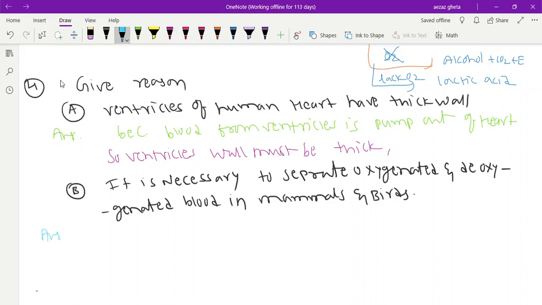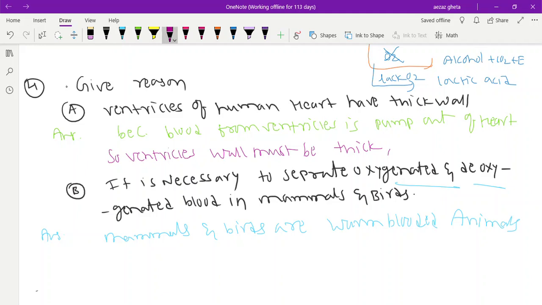It is necessary to separate oxygenated and deoxygenated blood in mammals and birds. See, we all, mammals and birds, are warm-blooded animals.